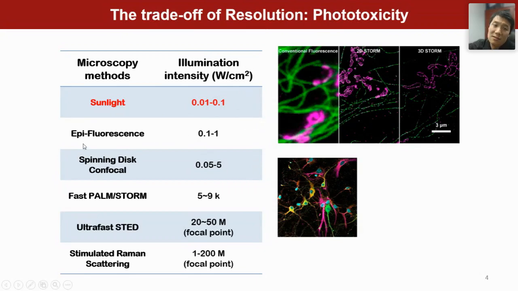The simplest epifluorescence microscope is 10 times stronger than sunlight, so the cell would not be healthy if you look at them strong enough. With confocal microscope, STORM or STED, or the stimulated Raman scattering microscope I have been using, the lights are extremely strong to capture additional information.